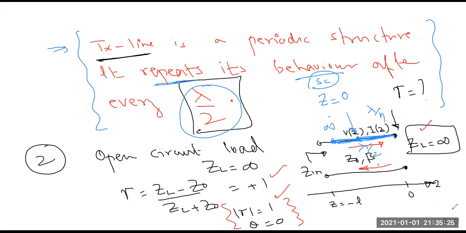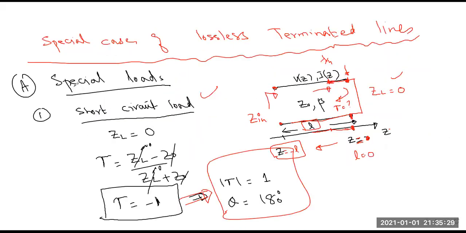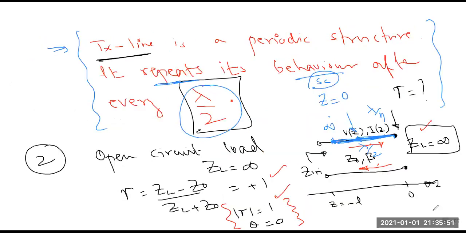Now, let's move on to special lengths. I considered special loads; now focus on special lengths of transmission line. In our current discussion, I'm not specifying any value of L. I'm just saying that there is some length of transmission line represented by L, but now I'm going to consider some specific values.